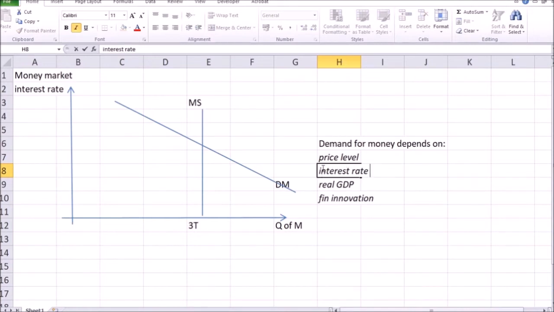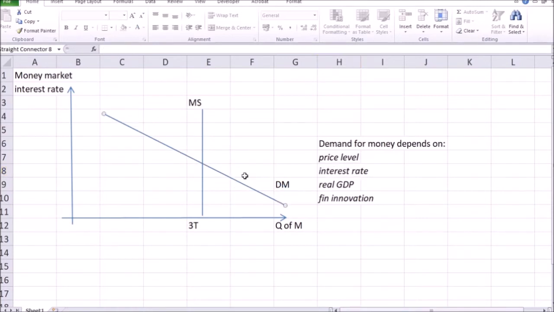So higher interest rate means that instead of keeping cash, I will want to have my assets in the form of financial investments, which will generate that higher interest rate. So higher interest rate means lower demand for money.